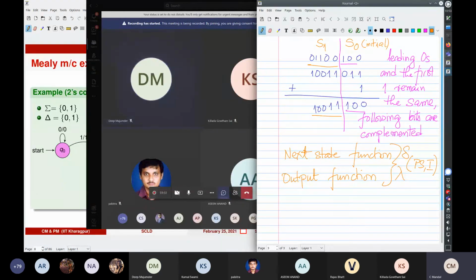So if you want to relate it to the Huffman model, this is your primary input and this is your secondary input.